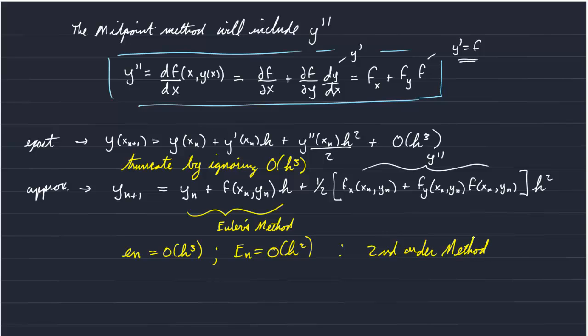The accuracy at some arbitrary point is characterized by this accumulated truncation error. But you'll note that now we have to evaluate three functions. Not only do we have to evaluate f at a given location, we also have to evaluate fx and fy. And there's computational expense to that.